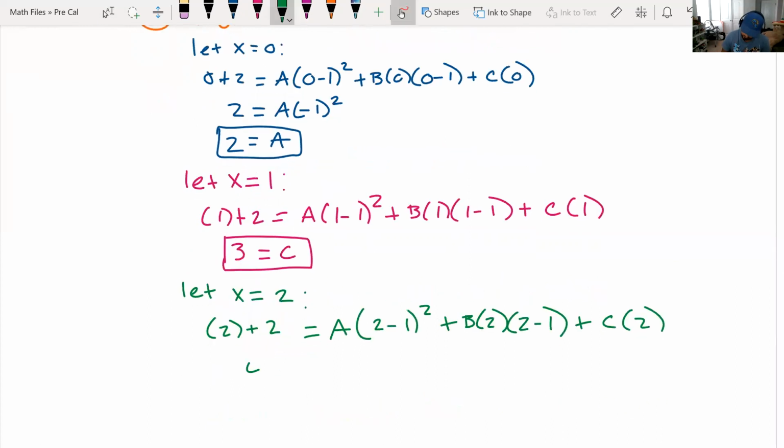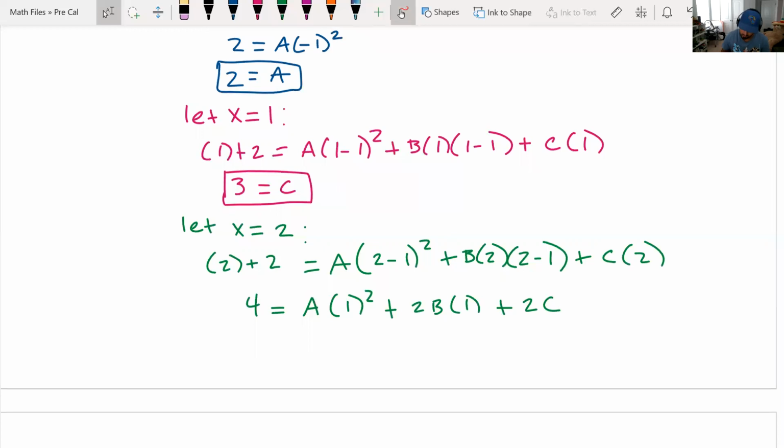Clean up. 4 equals A times 1 squared plus 2B times 1, which is there, and then plus 2C. All right, and the great part about this, I'm running out of room, is that we already know the values for A and we know the values for C. So plug them in. 2 is going to go in for A. 3 is going to go in for C.